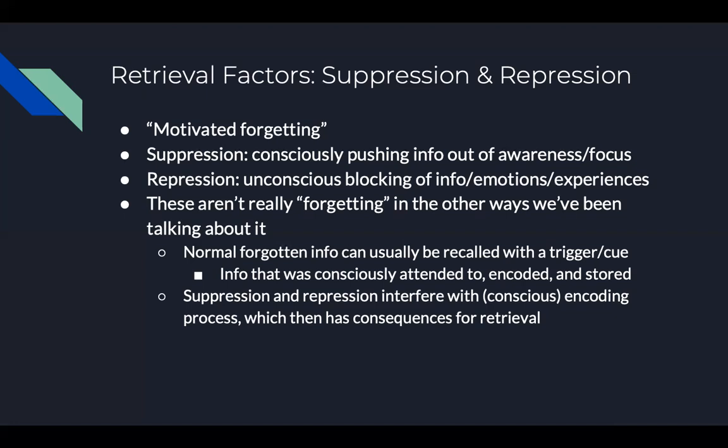And again, because the suppressed material is in our conscious awareness, it's often likely that we can recall it. We can be like, oh yeah, I was really trying not to think about that, but I still can, right? I still have access to it.